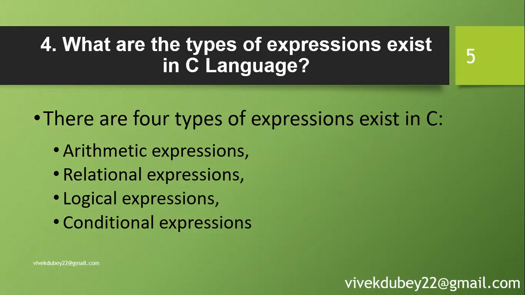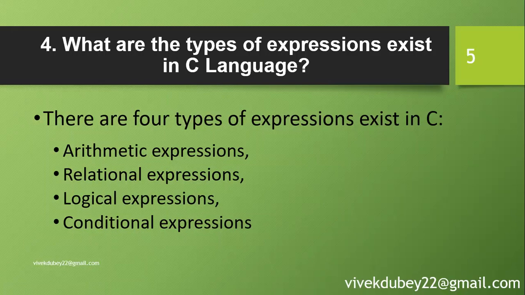So these are the fundamental expressions in the C language. Arithmetic expression is for doing the arithmetic operation, relational expression for doing the relational and comparing operation, logical to join the two relational expressions, conditional expression is used to check a condition and do the appropriate action, like true or false.